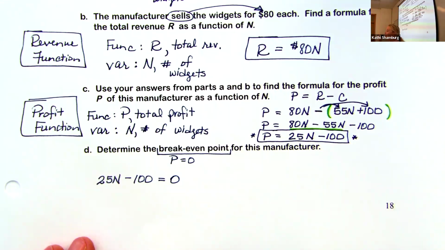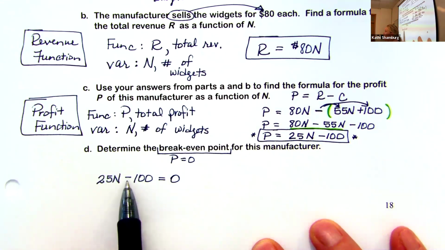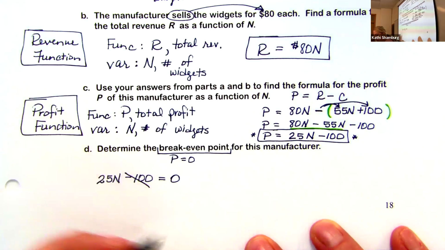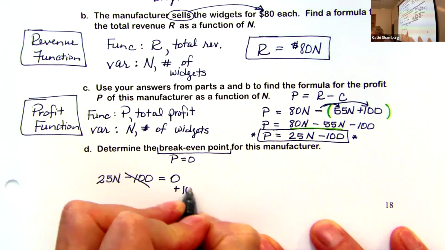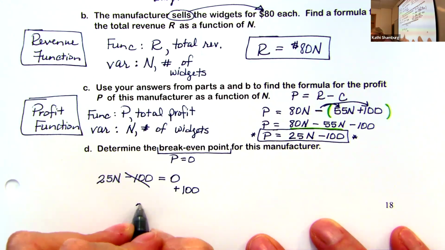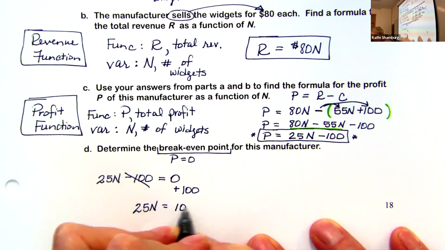Pull out some of your algebra from your background. I want the N by itself. So first I have to get rid of minus 100, so I'm going to do its opposite. I'm going to add 100 to both sides. It'll get rid of it on this side, and I'm going to add 100 over here. So now I have 25n equals 100.